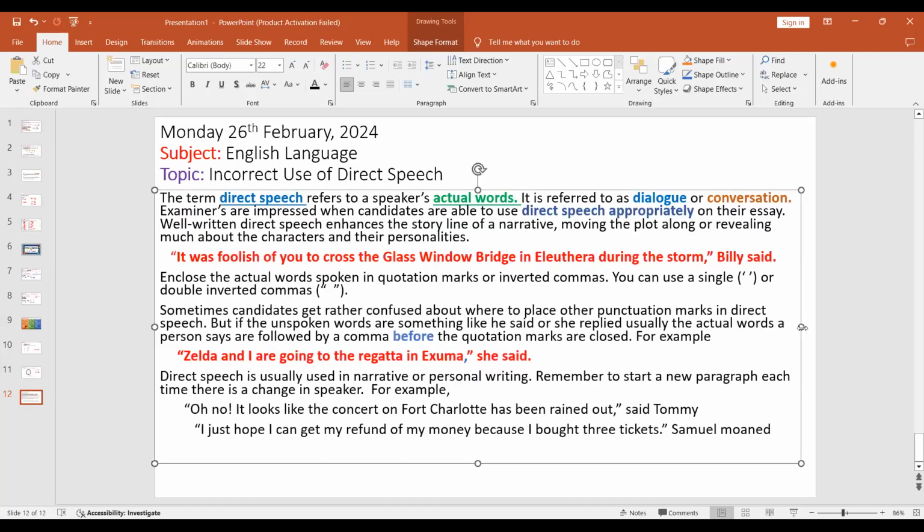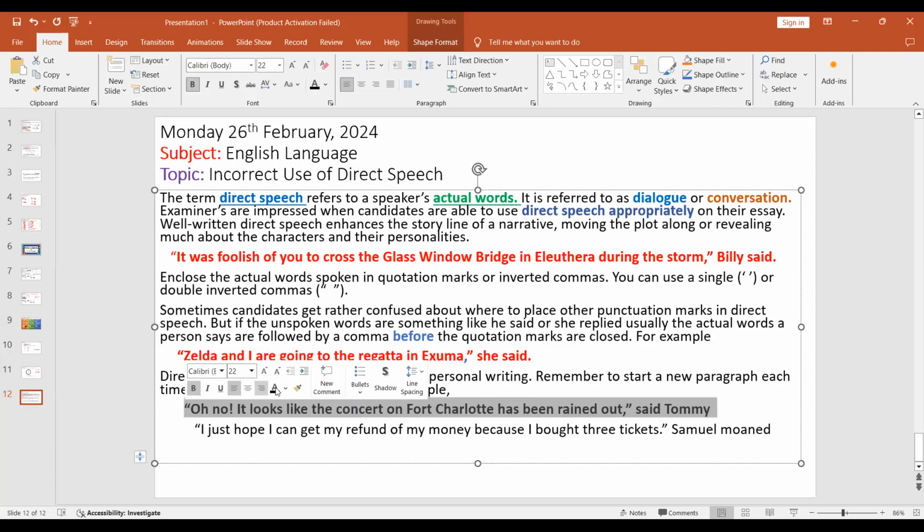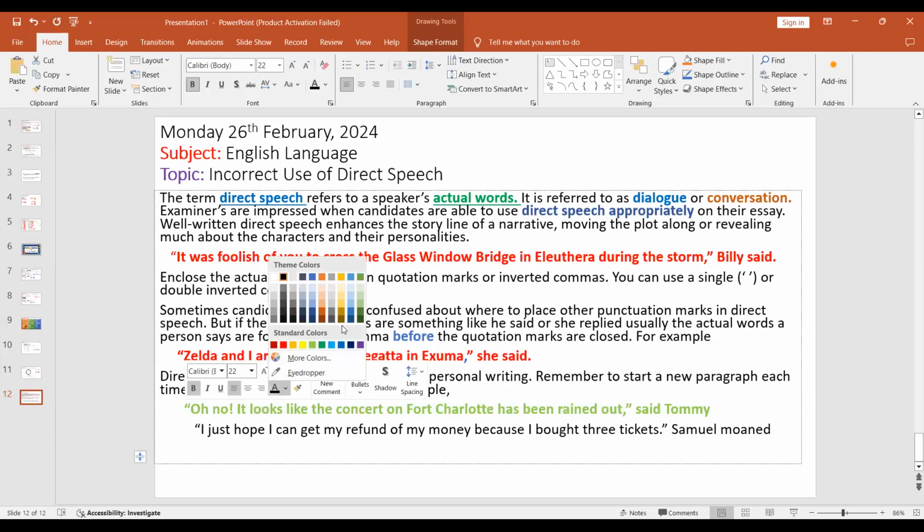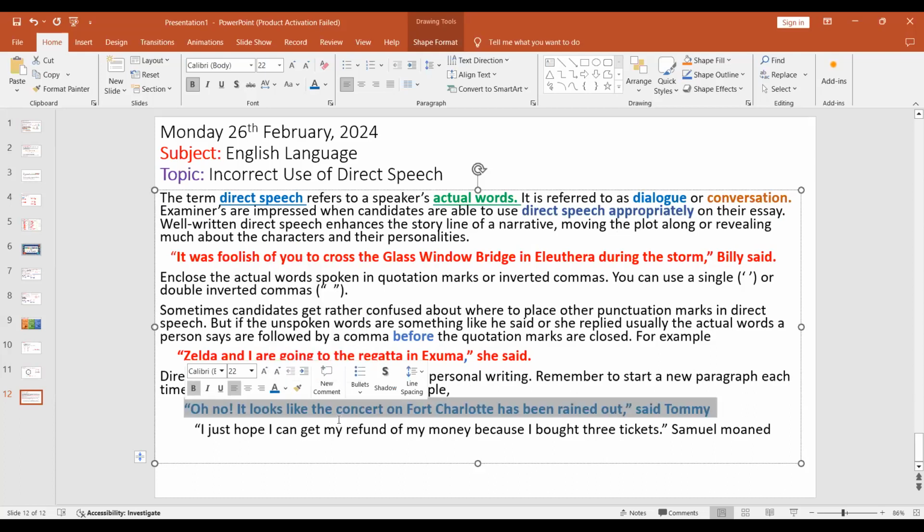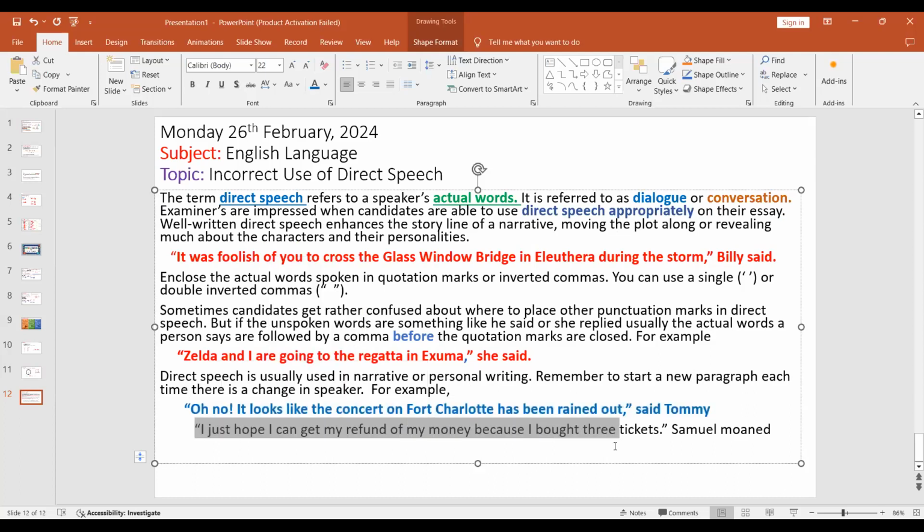Notice that for the first person speaking, we had to indent. And for the second person who's speaking, we also have to start a new paragraph.